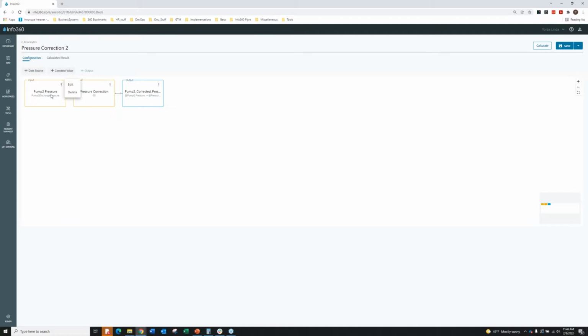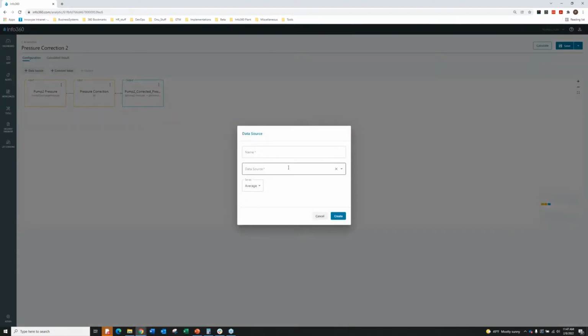I've got the pump pressure input and the pressure correction factor. So I'm adding in just an extra 50 PSI. Then I get an output, which is the raw reading plus 50 into the pressure corrected output. Really simple, right?